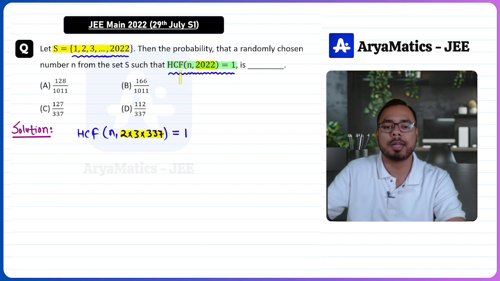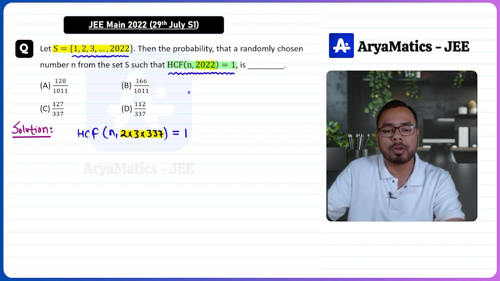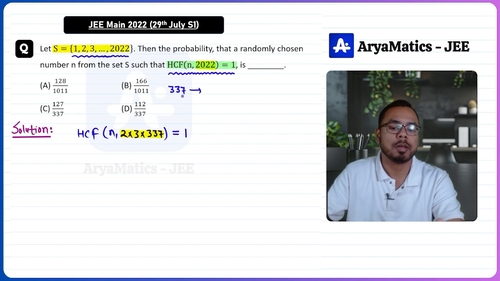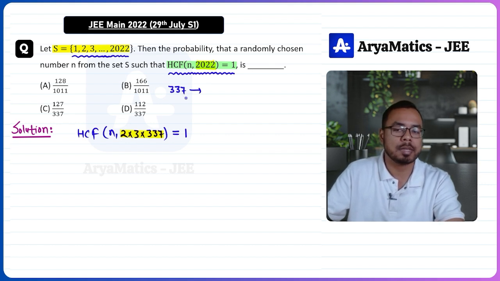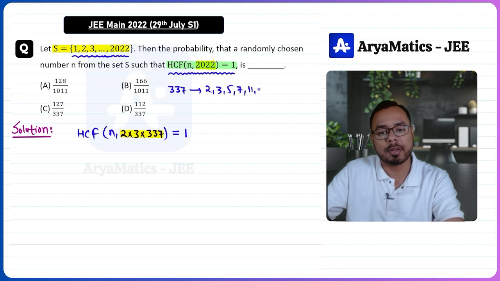Also remember, 337 is a prime number. If I have to check whether 337 is prime or not, you can check up to its approximate square root. For example, 19 squared is 361. So you can check whether this is a multiple of 2, 3, 5, 7, 11, 13, 17, up to 19.